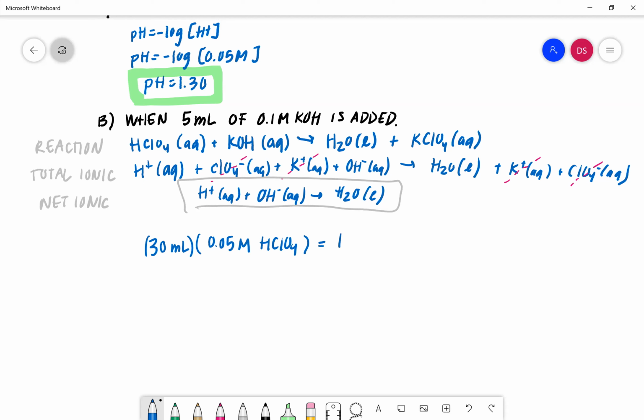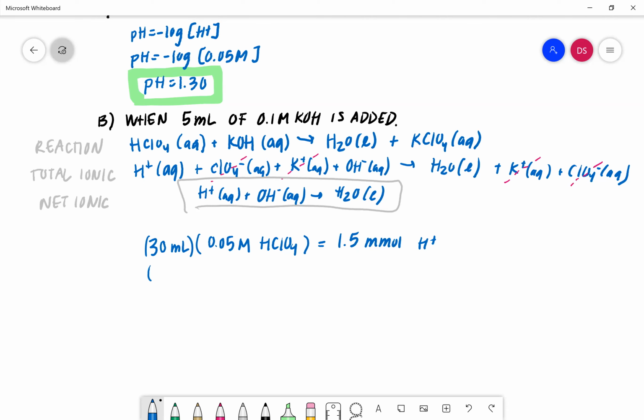And that gives us 1.5 millimoles. Alternatively, you could also change the milliliters to liters to get moles by itself. But in the end, the milliliters cancel out and give us the molarity. So either way works.